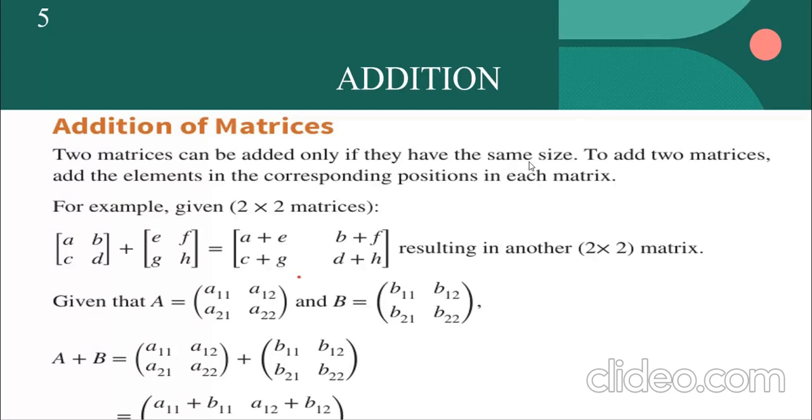Once the two matrices have the same size or the same dimension, anytime we are adding two matrices, we add the elements in the corresponding positions in each matrix. So let's take these two matrices, for instance, and add them.